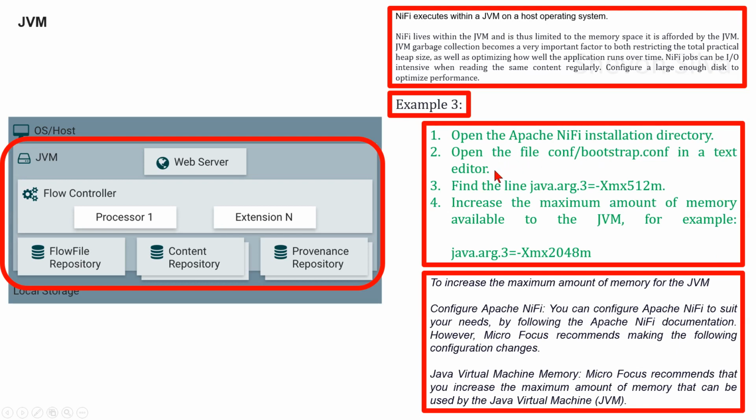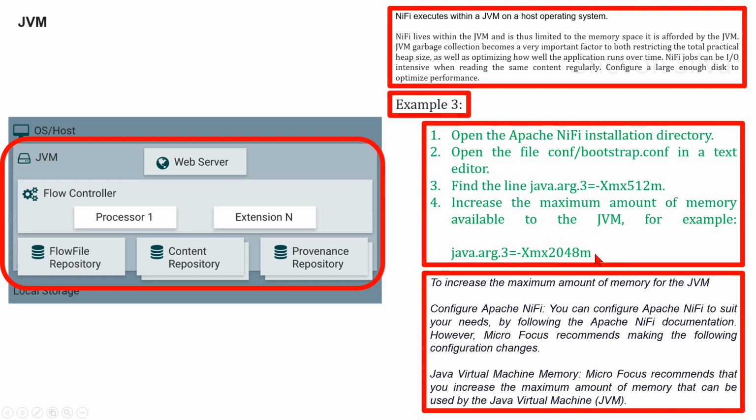Step 2, open the file bootstrap.conf in the conf directory in a text editor. Step 3, find the line java.arg.3=-Xmx512m.